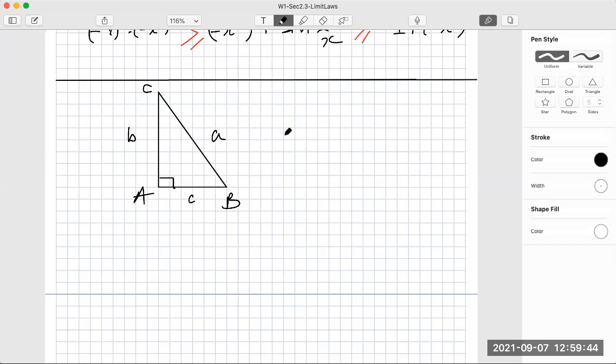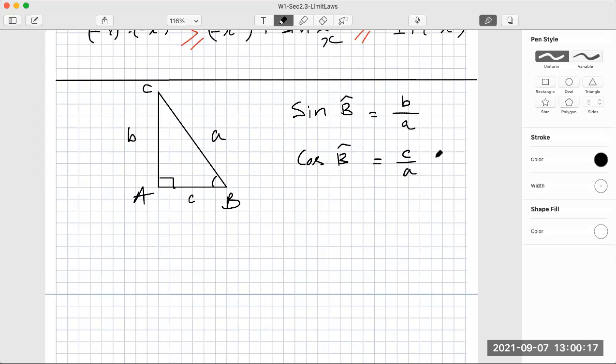Then the definition: sine of, let's say, the angle B, it will be lowercase b over lowercase a. Yes, b over a. And cosine of B will be c over a.